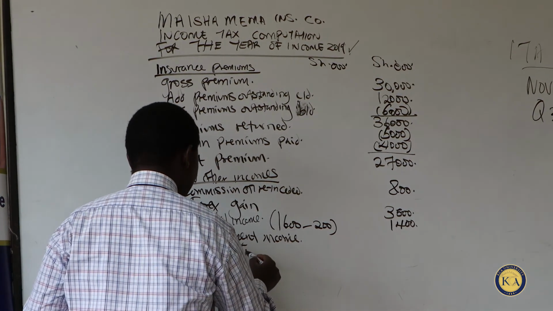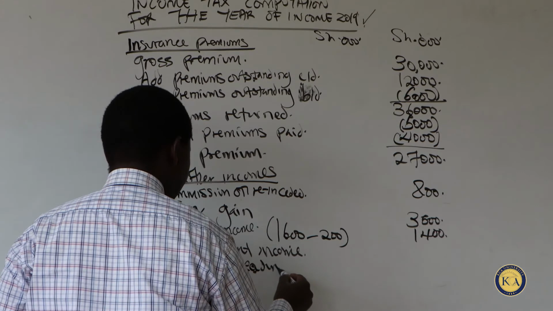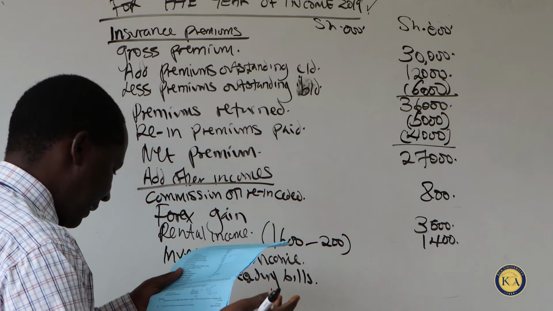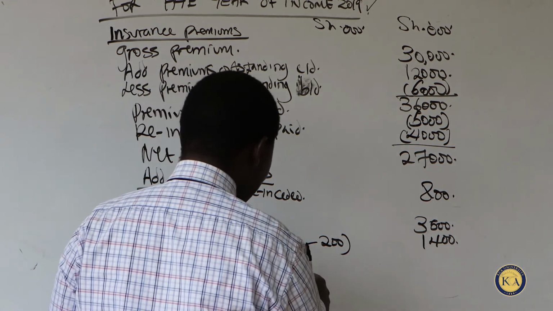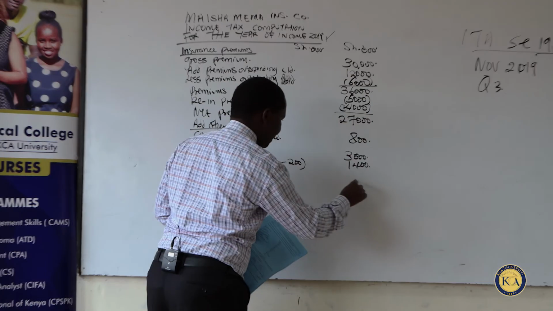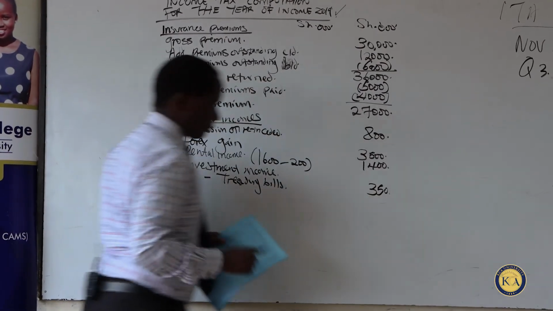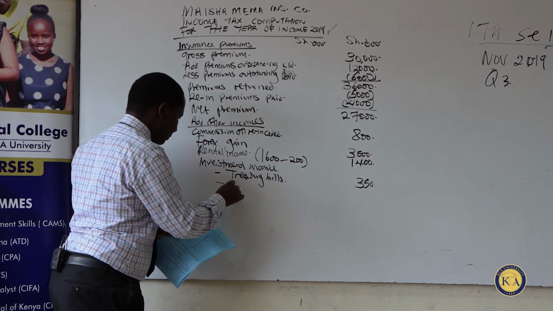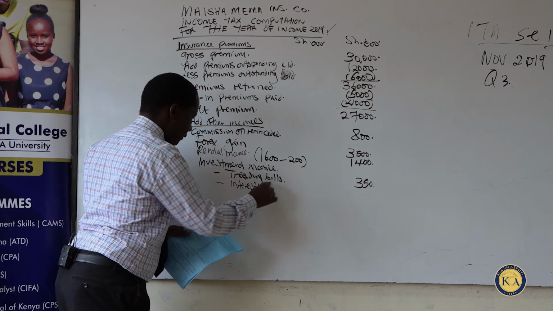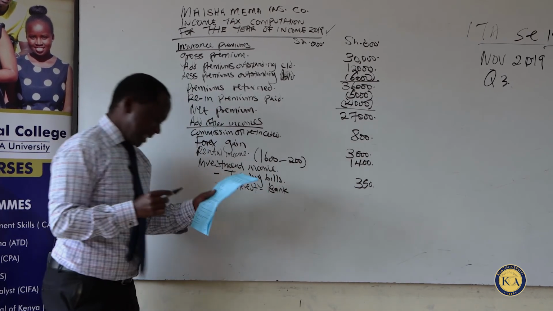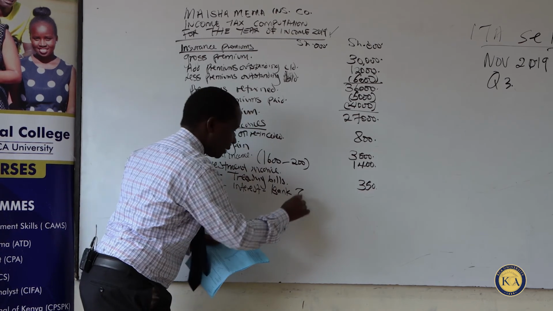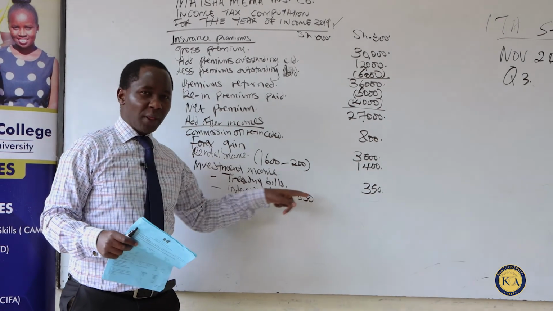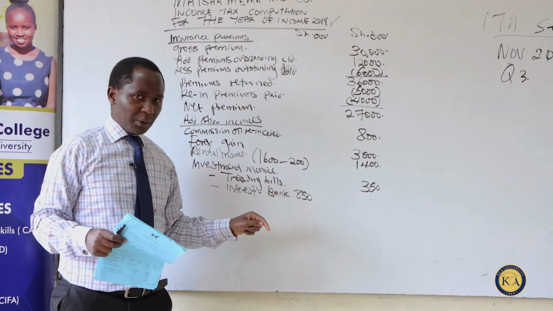There's this treasury bills, or bonds for that matter, but they are all treated the same. This income from treasury bonds, 350, it is gross. But the other one, interest from bank, has been provided as net. Net means that this amount has been subjected to withholding tax. We should tax the gross amount, not the net amount.